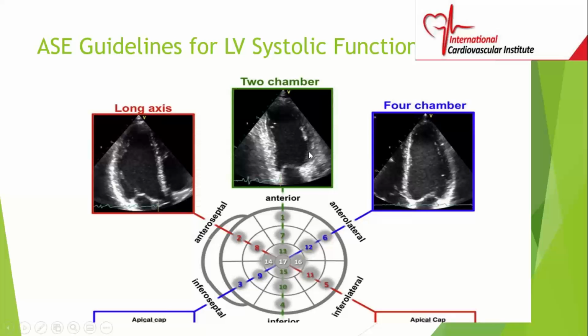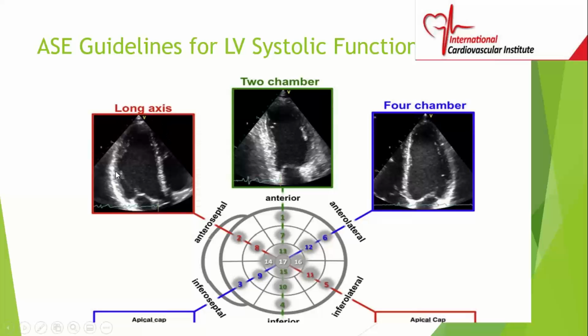We have the basal anterior, the mid anterior, and the apical anterior. And then we go down to the inferior. We have the basal, the mid, and the apical inferior wall. Okay? Anything closest to the mitral valve is basal, as we said. Then the mid and the apical.